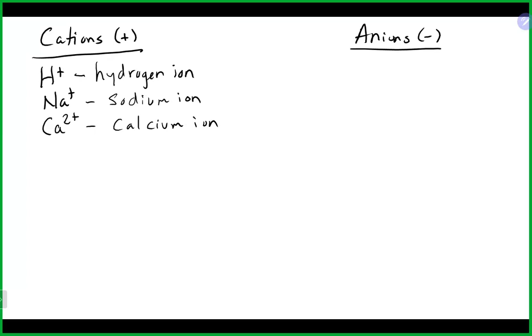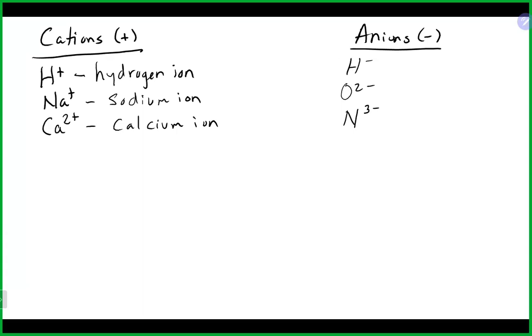Negative ions are a little bit different in terms of how we name them. If we have something like H minus, O2 minus, or N3 minus, these are anions. Again, they have the negative charge.